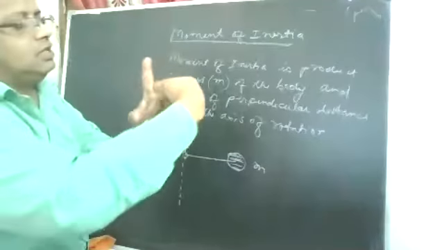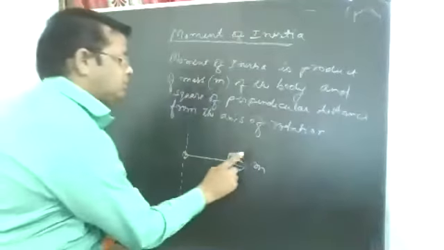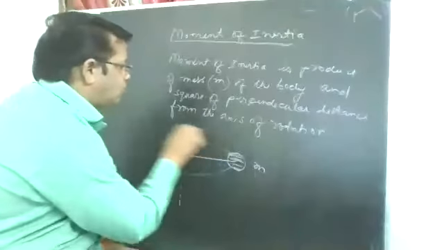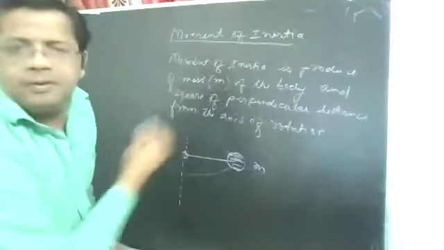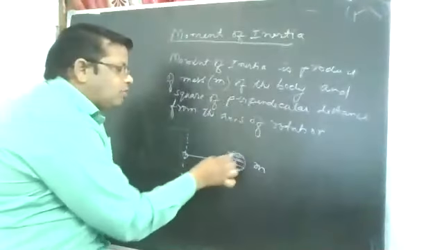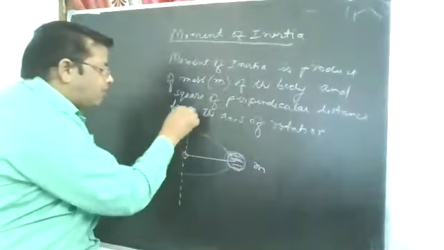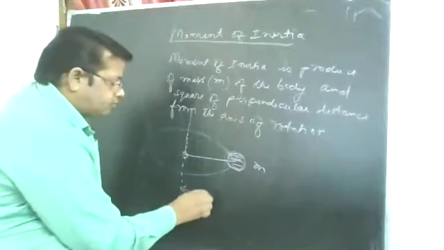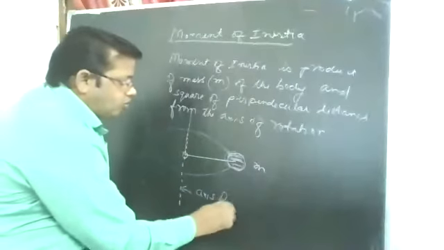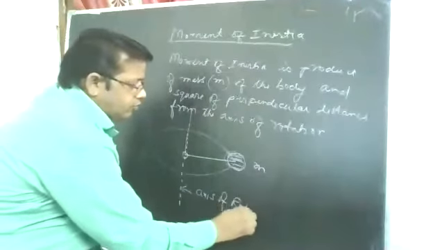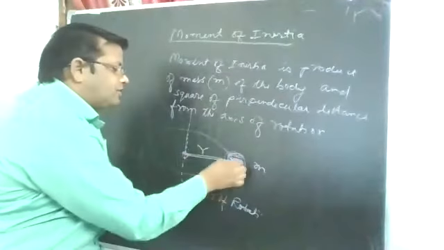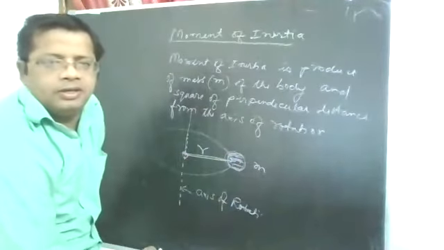It means this mass will move in a circular path. This is the axis of rotation, this is the perpendicular distance r, and this is the mass of the body.